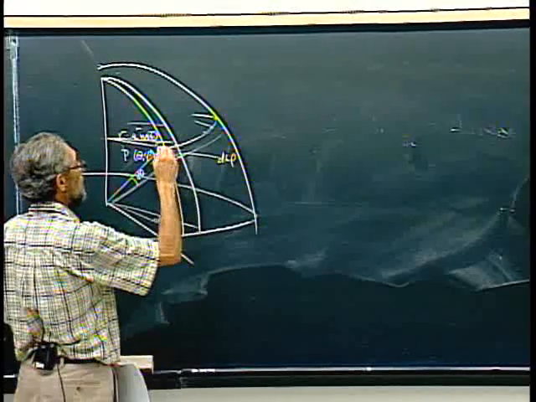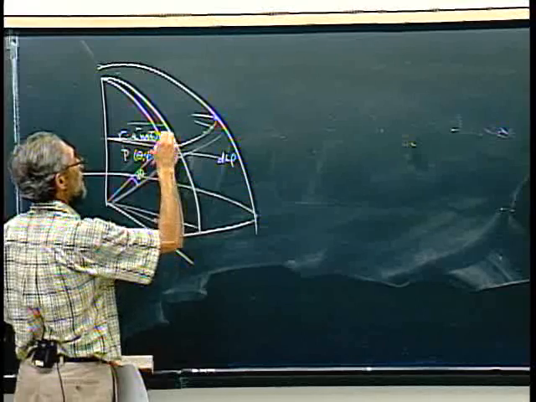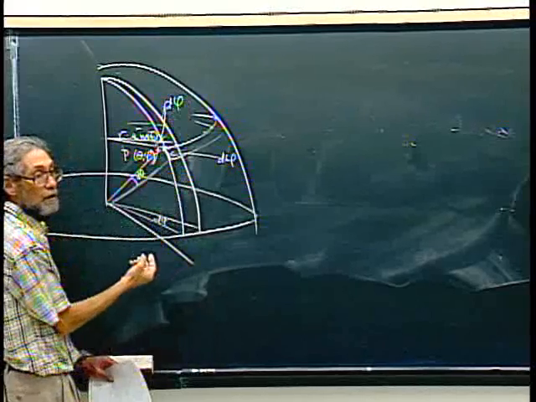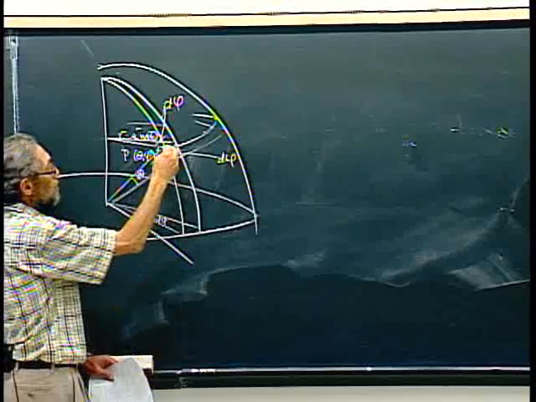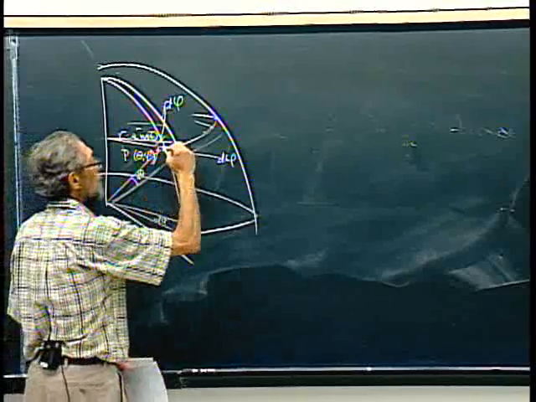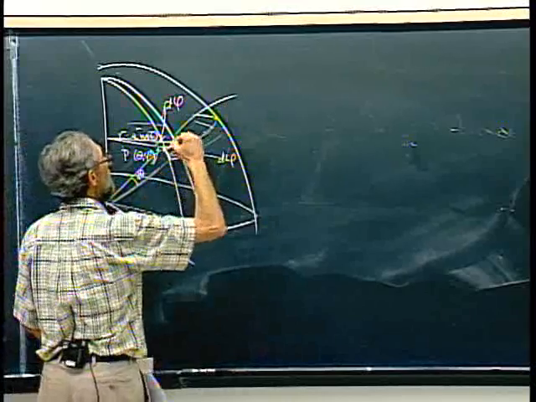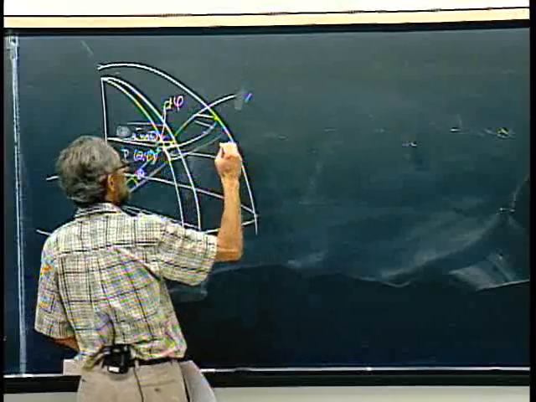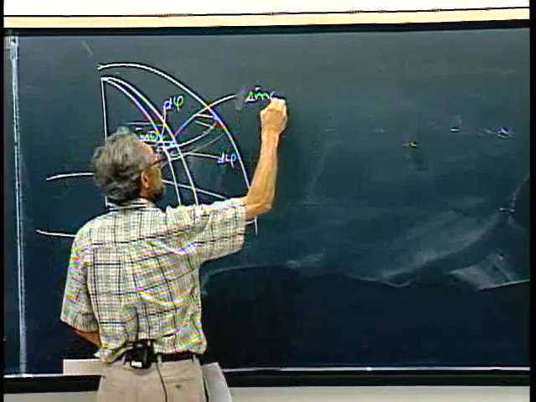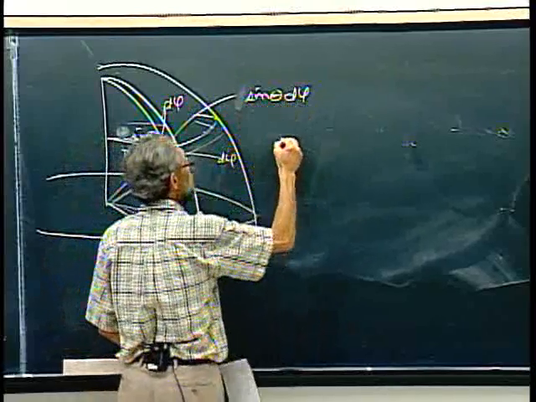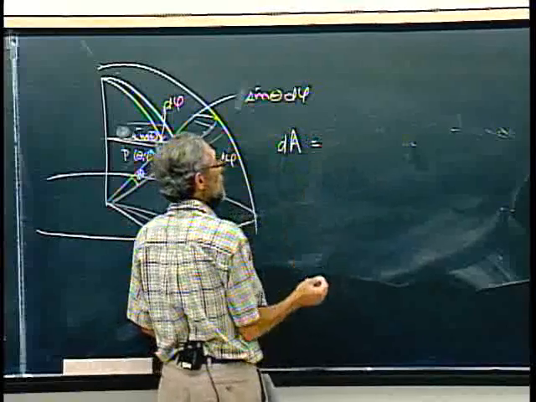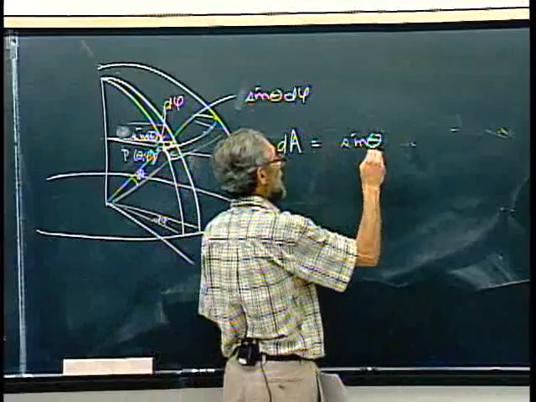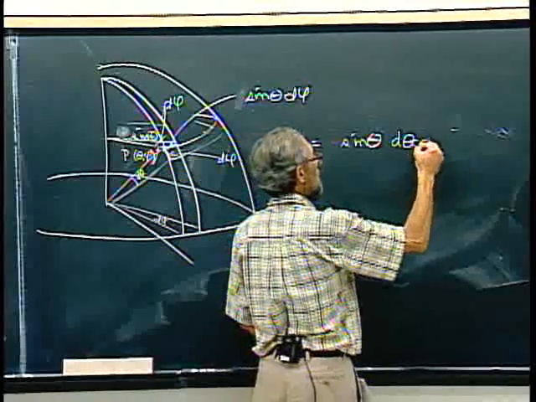There's no room for the letters, so I'll just try and indicate it by arrows pointing from both sides. D phi is this little angle. Then this piece of arc has length r, well, r is 1, right? Because it was a unit sphere. So it's just sine theta d phi. So the dA on the unit sphere is sine theta d phi.